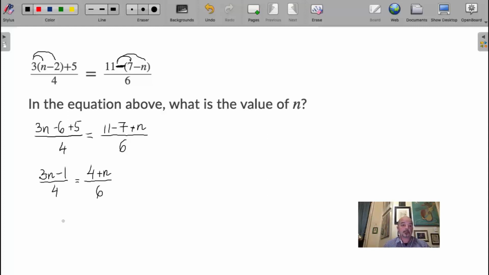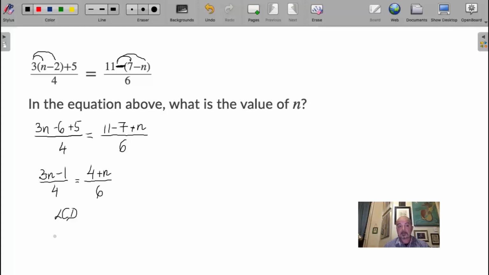At this point, you have a choice. You can cross multiply, and that will certainly work, or the better choice is always to apply the general method for solving equations that have denominators, and that's find the least common denominator and multiply all terms of the equation by that least common denominator.